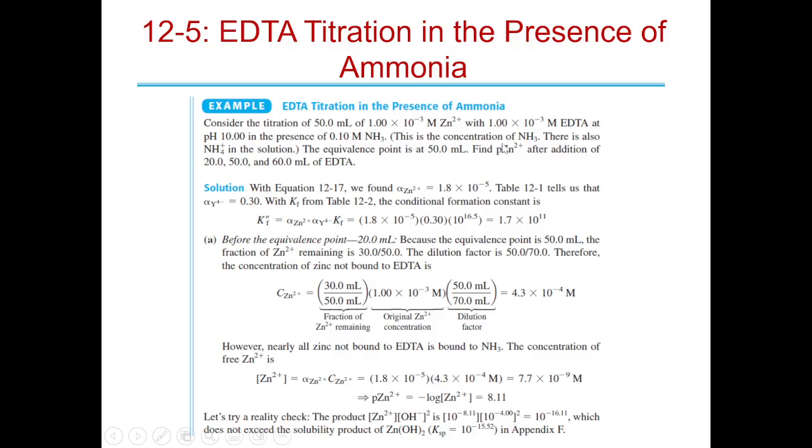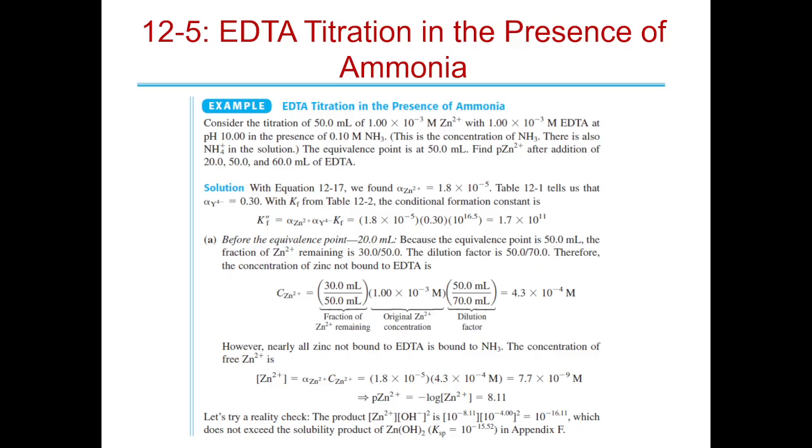And so you have to remember that, for example, what are you looking for when you're trying to figure out the pZn2+ after addition of certain amounts of EDTA? Well, in this setup right here, your ammonia is going to be binding that zinc 2+, right?